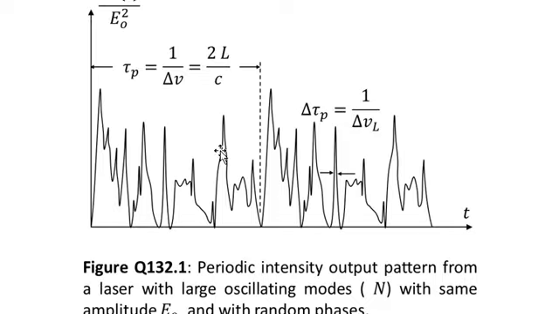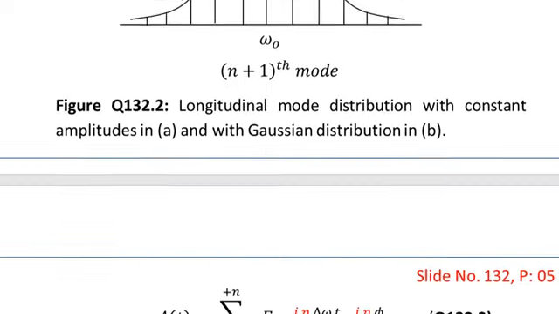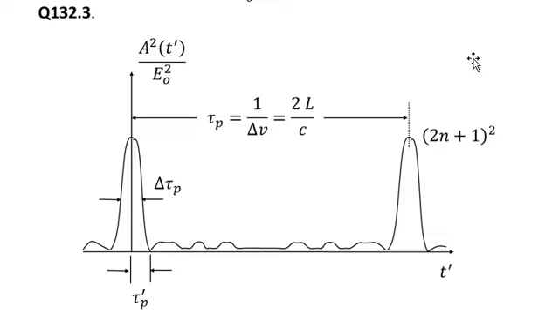So this is the output from the laser which is mode unlocked, and this is the output from the laser which is mode locked. You notice that here I have plotted A squared of t prime divided by E naught square. And you see that the value of this peak is proportional to (2n plus 1) squared.